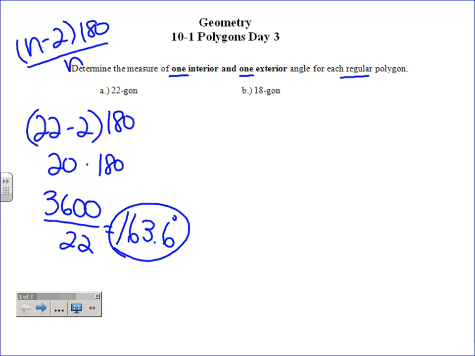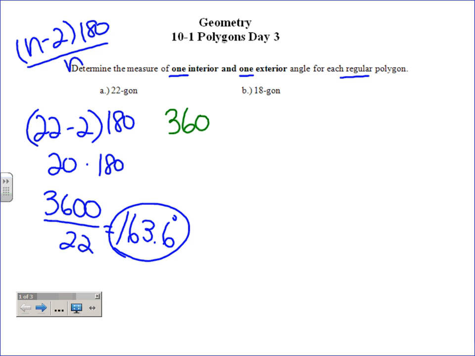Do you agree that is one way we could find one interior? I'm going to show you a way that we could find one exterior. We did all this work to get 3,600 to find the total of the interior. Well, what's the total of the exterior? 360, very good. It was a weekend, so I was just checking there. Does it matter how many sides it has if it's convex?